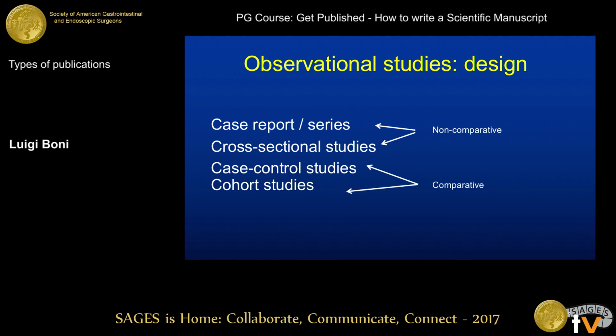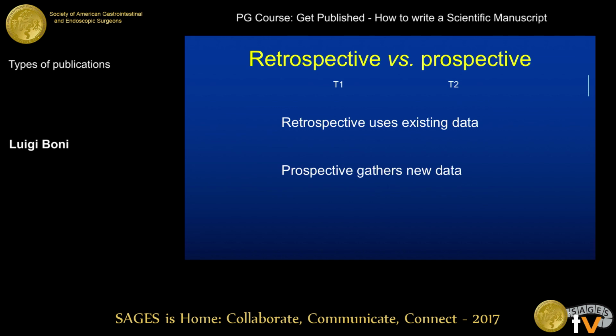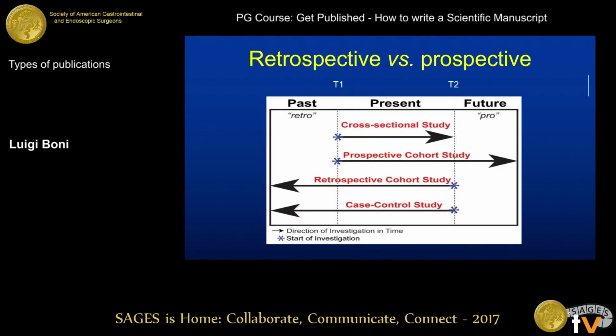The case report and the cross-sectional study, of course, you don't compare with anything. You just describe what's going on in your series. When you do a case control or a cohort study, you can compare the two groups, even if they're not randomized. So this is just to give you a visual effect.